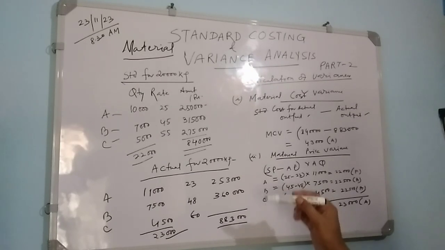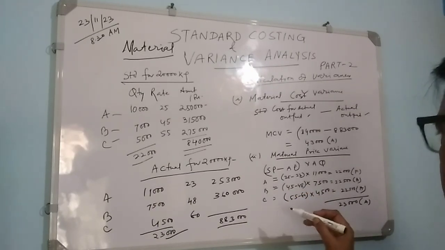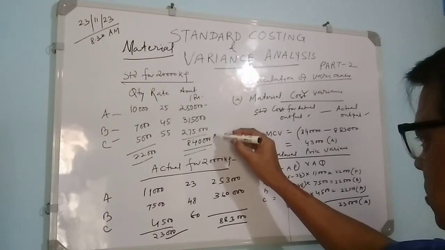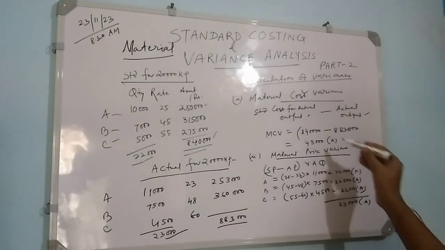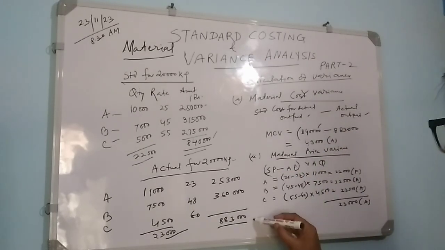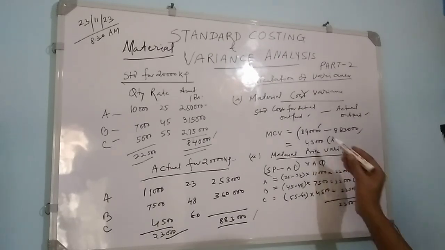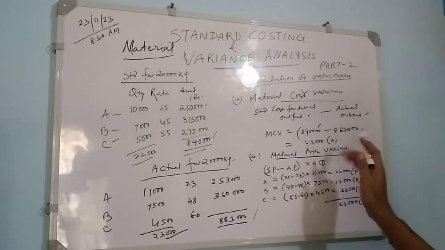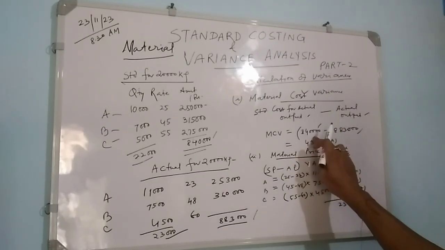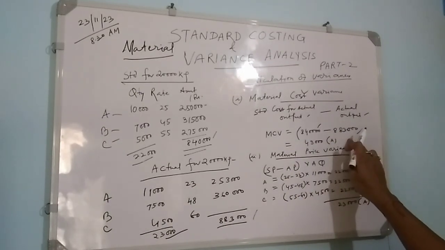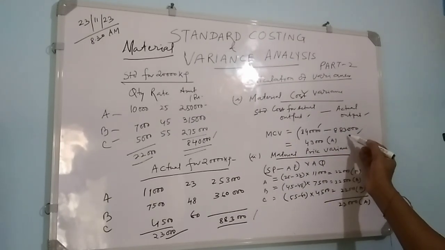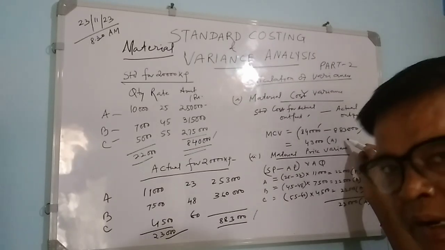Standard cost for actual output is 8,40,000 and actual cost is 8,83,000. You see that the difference is negative, that means the actual cost is on the higher side compared to the standard, so it is unfavorable.